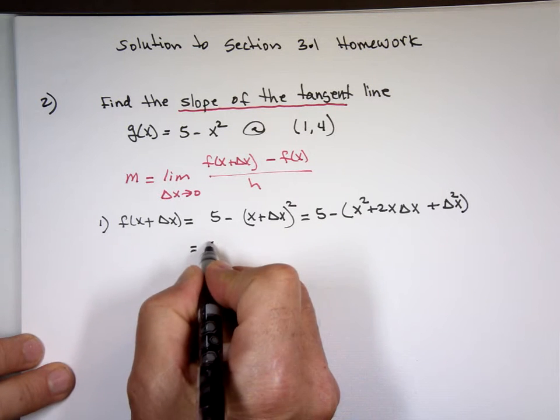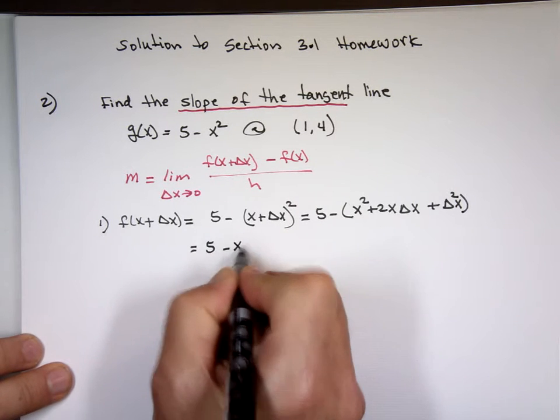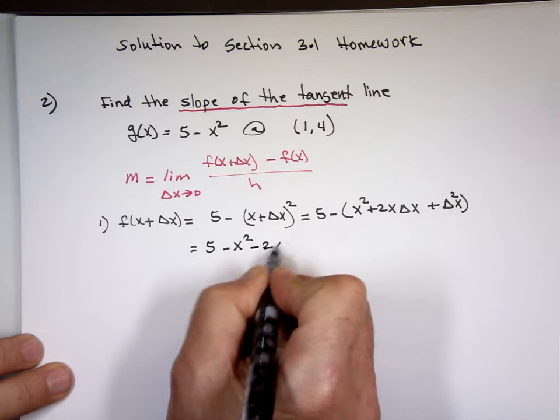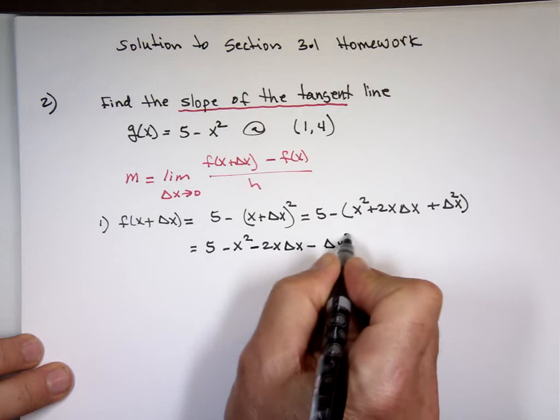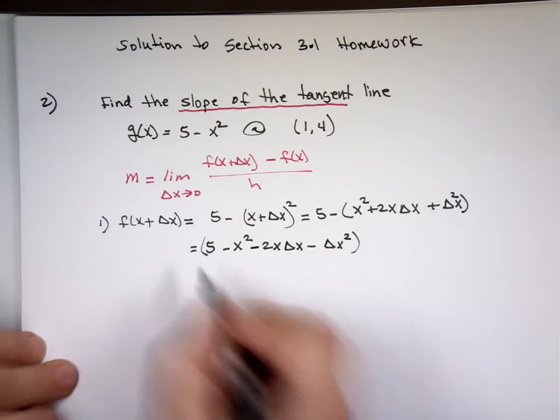And that's equal to 5 minus x squared minus 2x delta x minus delta x squared. That's the answer to step number 1.